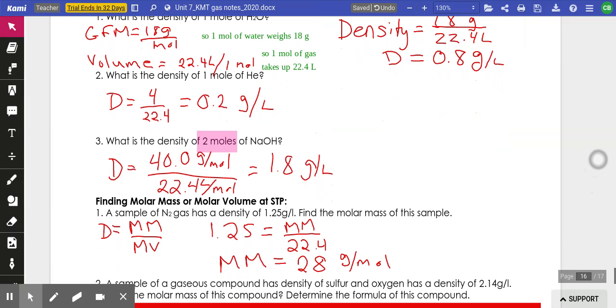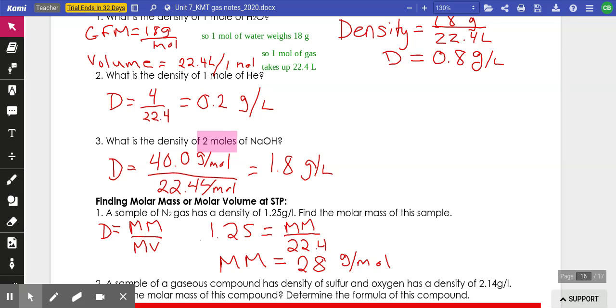Okay, so let's try a slightly different version of this same problem. Another version of this problem would be that if I tell you a sample of nitrogen gas has a density of 1.25 grams per liter, and now instead of finding the density, I want you to find the molar mass. So the equation is still the same. Density equals molar mass divided by molar volume. So I'm telling you in the problem that the density is 1.25 grams per liter.